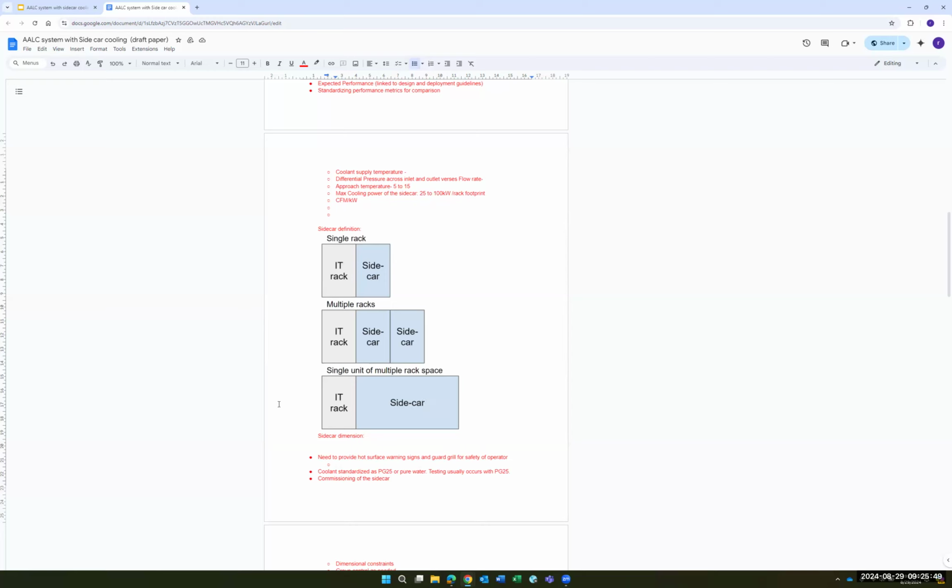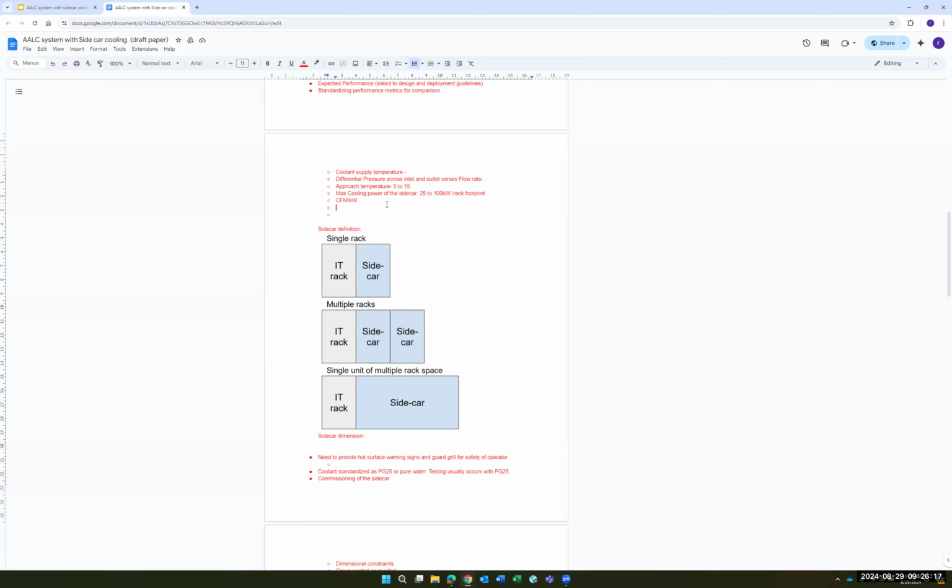I think this is right now out of bounds, but these two can be defined. That's where I'm coming from with this number saying 25 to 100 kilowatts per rack footprint is the number that I got from at least my experience and then your feedback.